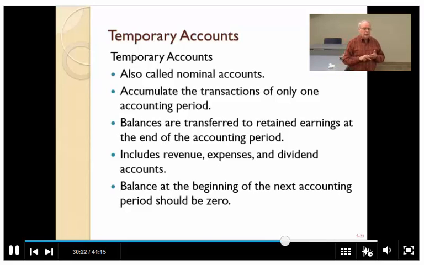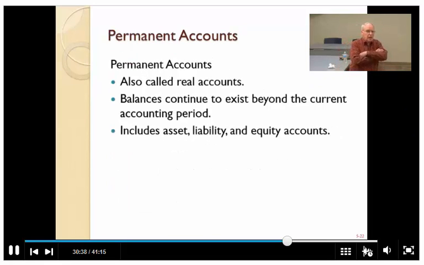Then we bring them back to zero and start all over again. One of the things you're going to be doing in Connect is closing entries. Permanent accounts are your balance sheet accounts. They're called permanent because the ending balance of one year becomes the beginning balance of the next year.